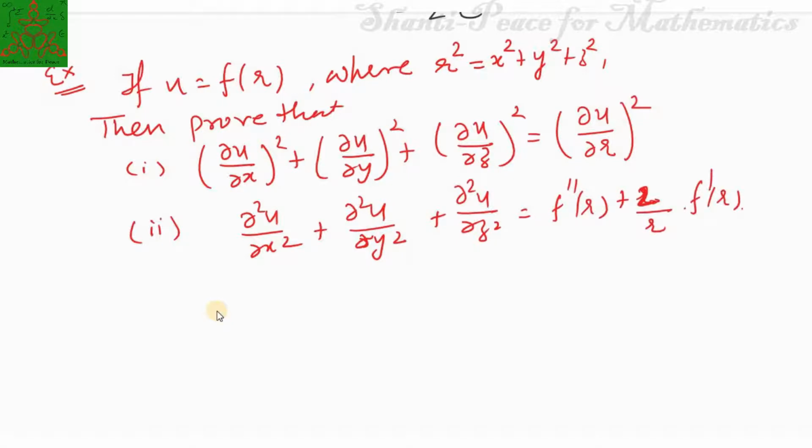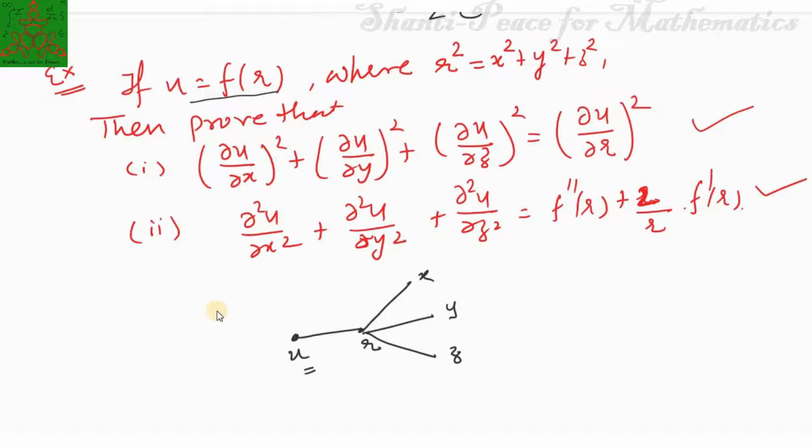Here in the output you will have two things. One involves the first derivative, and the other equation involves the second derivative. And what is the situation? u is a function of r, and r is a function of 3 variables, that is x, y and z. So ultimately your u is a function of 3 variables.